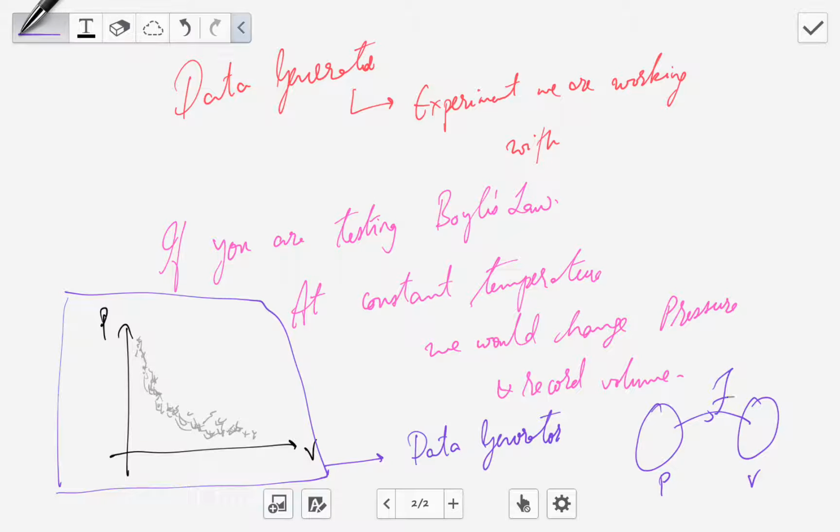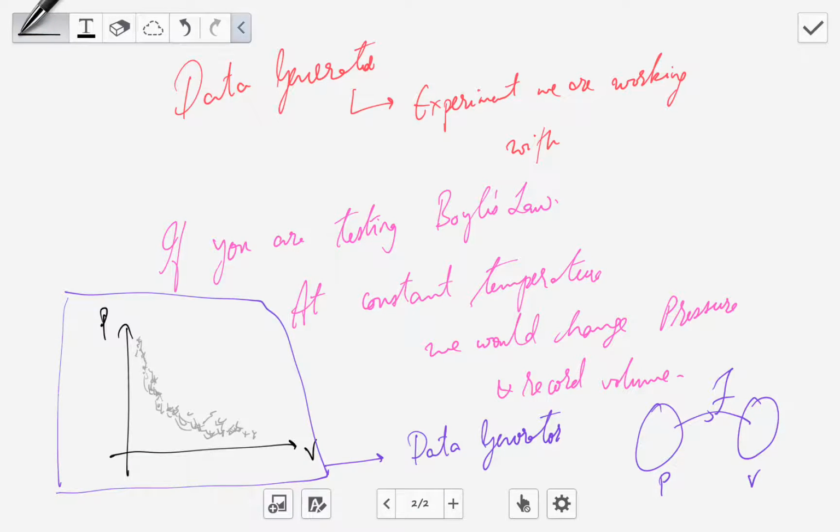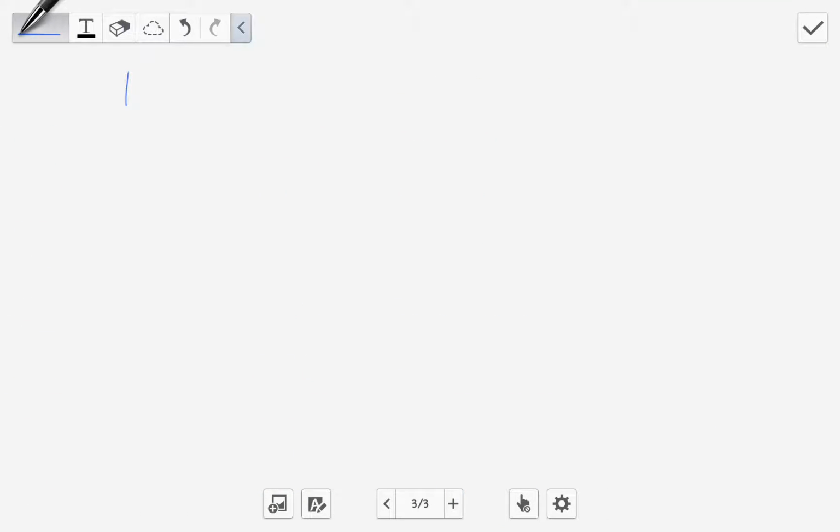We want to find what this function is, the function this data generator is using, so as to fit this data. People call this curve fitting in statistics.